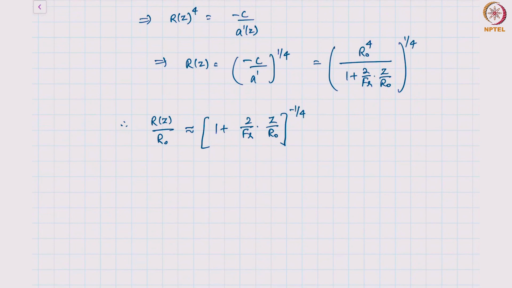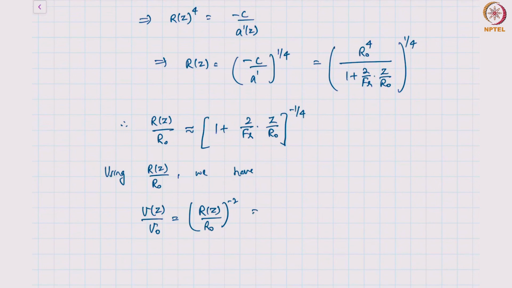One can also calculate the velocity. In the same limit, U of Z by U naught, we have already seen, is nothing but R of Z by R naught power minus 2. So the ratio of the velocities would be 1 plus 2 by Froude number times Z by R naught, power plus half.